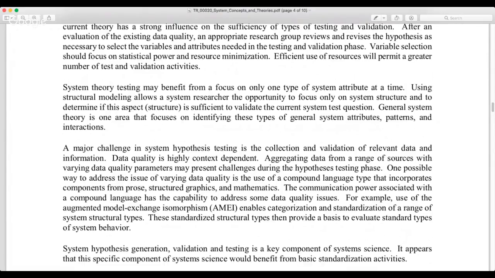So we really want to pick variables for testing that allow us to leverage logic and allow us to order whatever the subject of our hypothesis is. So that's really a key factor.